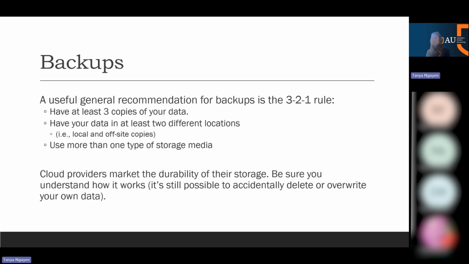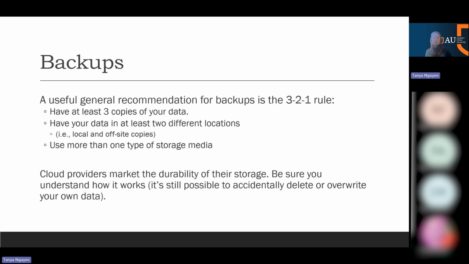And moving on to backups. Having backups of your data helps to protect you from data loss, as we mentioned before. For example, if there's a power failure, hardware failure, virus, hacking, or human error, the backups will hopefully help you in case those events occur.